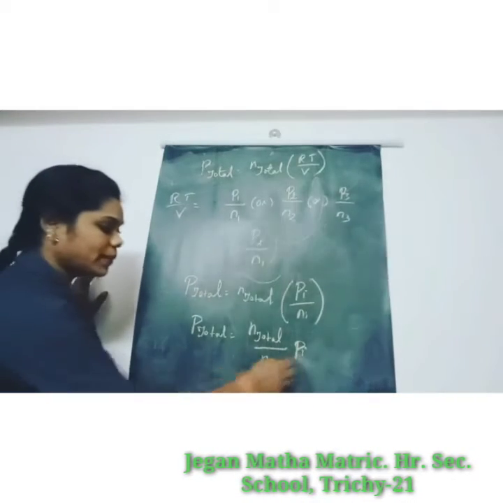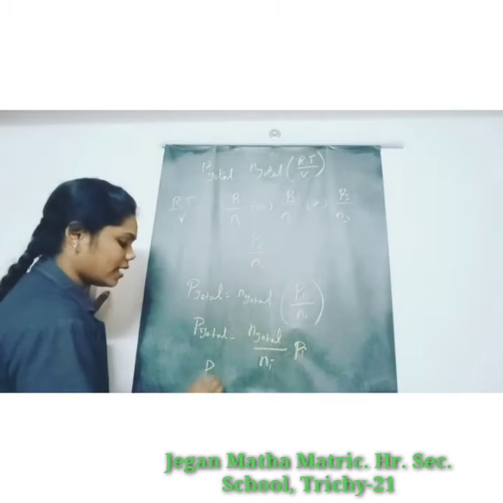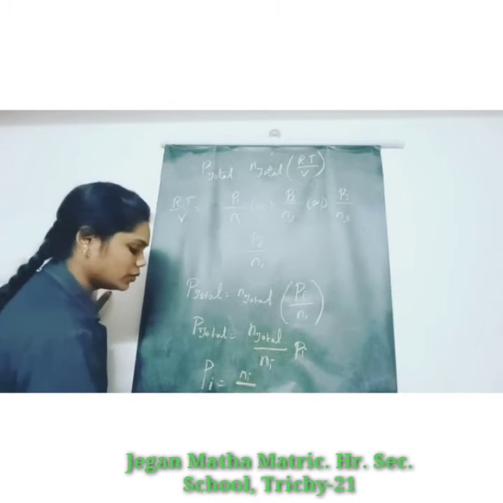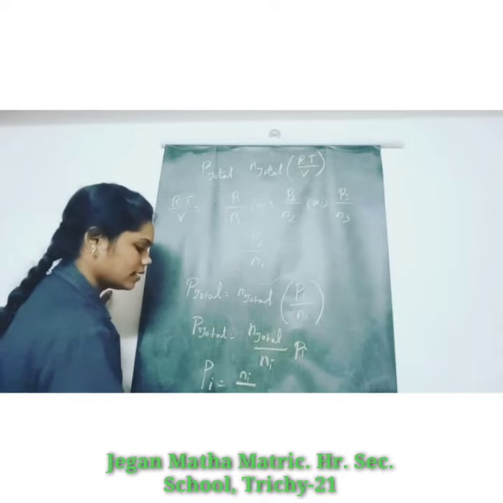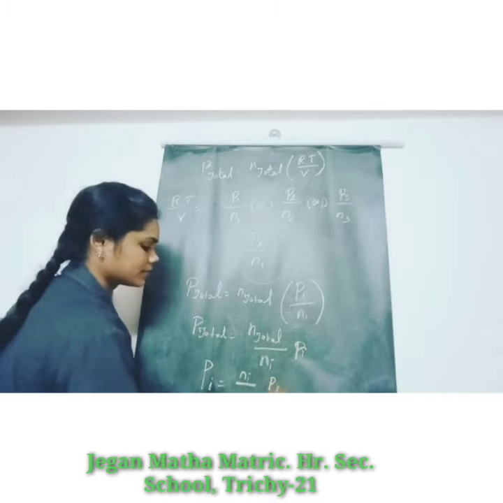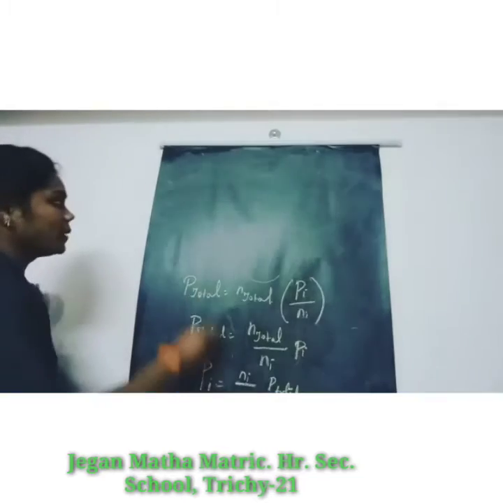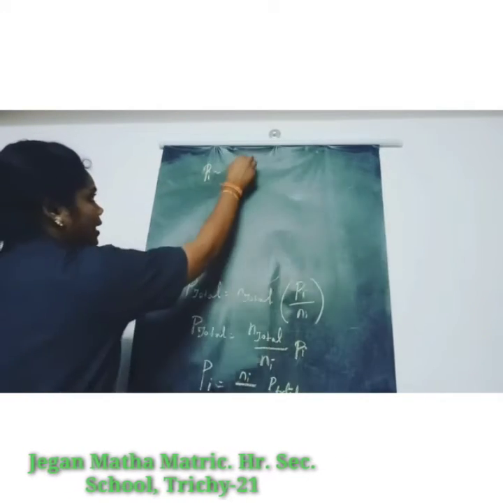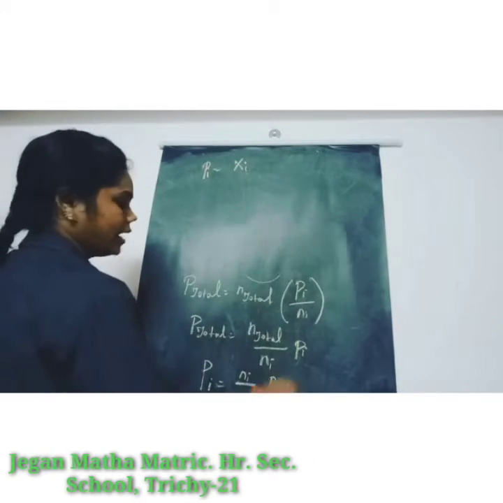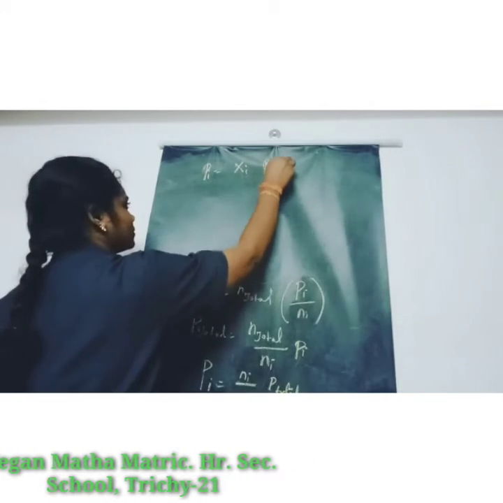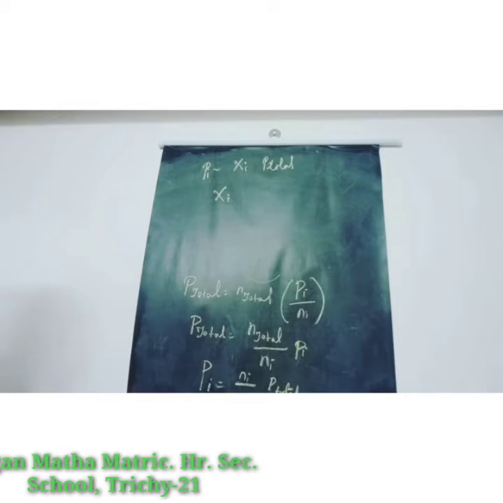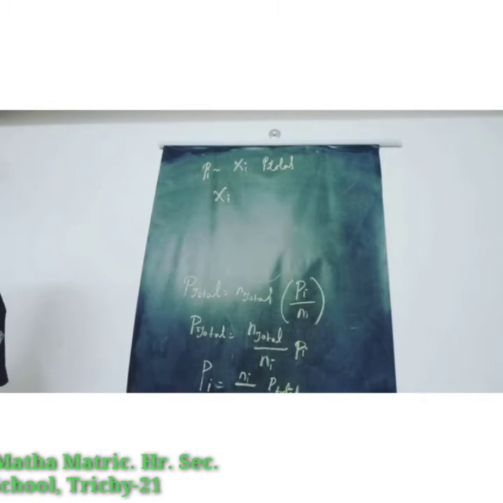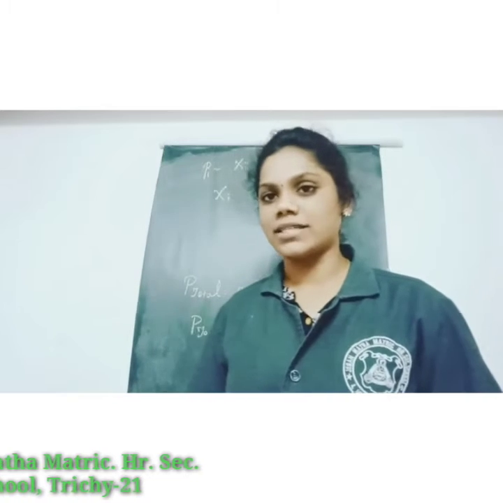Here I want Pi, so Pi is equal to Ni divided by N total into P total. So Pi is equal to Ni by N total, that is Xi, into P total. Xi is the mole fraction of the ith component. That's all for Dalton's law of partial pressures.